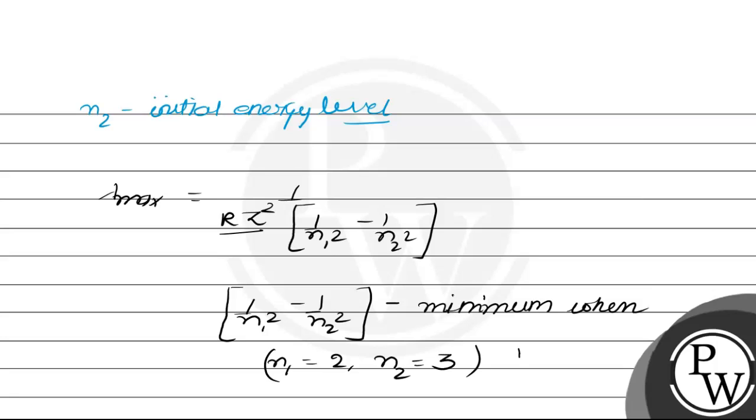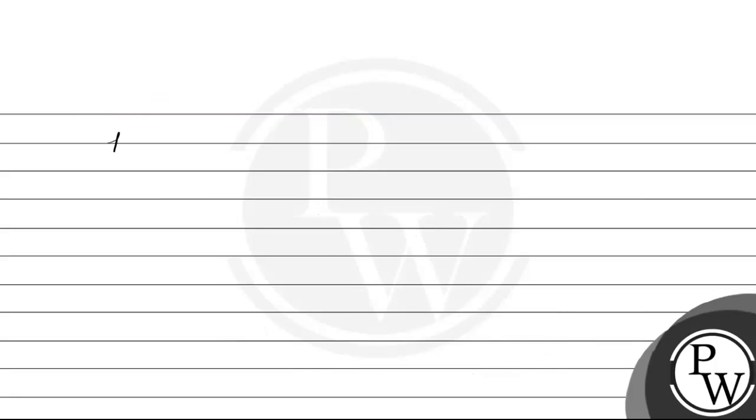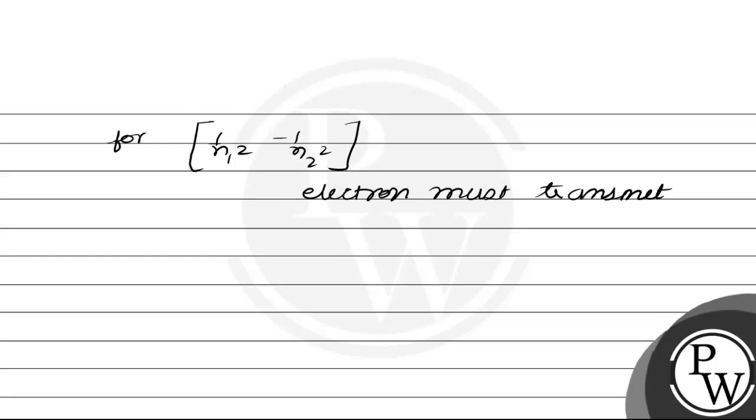That is, the electron jumps from just the higher energy level, so that the difference will be minimum. And for maximum difference, the electron must transition from infinity to second energy level.